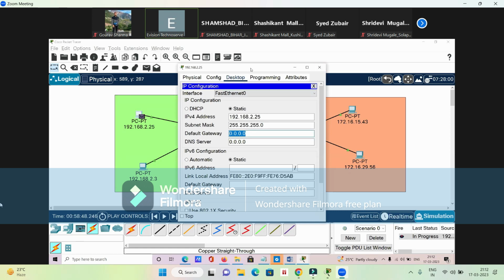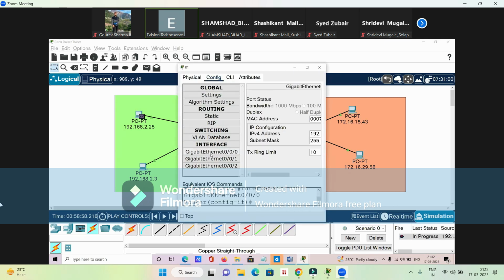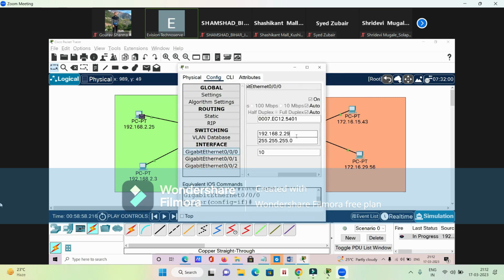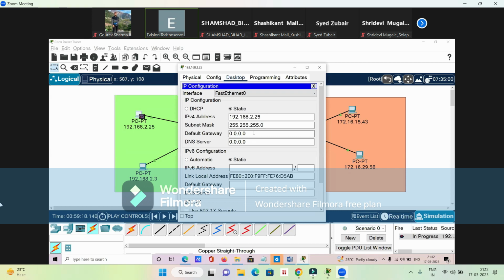Now what gateway should I configure? We have to configure the gateway of the router, which is 2.20 में। तो डिफ़ॉल्ट गेटवे में जो आईपी एड्रेस हम स्पेसिफाई करते हैं वो राउटर का रहता है, which is 192.168.2.29.